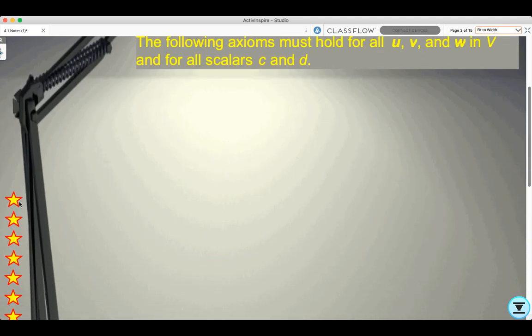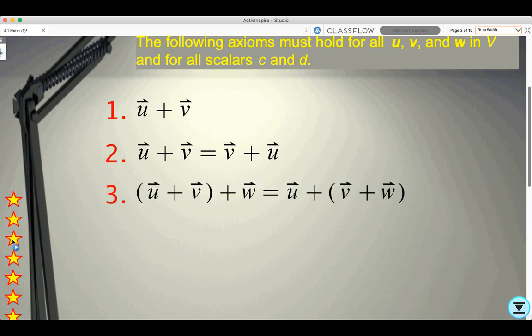The first one: u plus v is in V. This is closure. Second: u plus v equals v plus u, the commutative property. Number 3: (u plus v) plus w equals u plus (v plus w), the associative property.